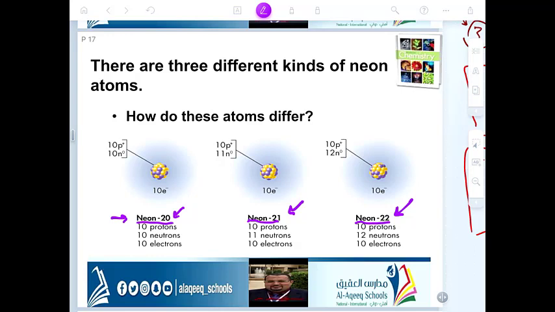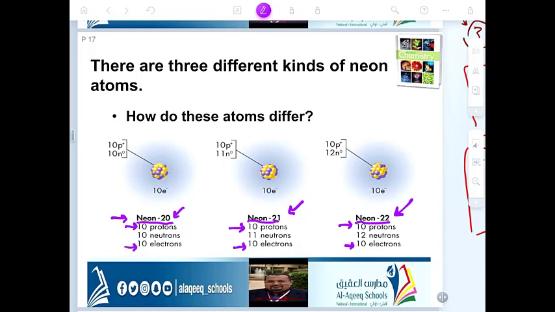It means neon has 10 protons each time. The number of protons doesn't change. The electrons also don't change, because all of them are not ions, they are neutral atoms.